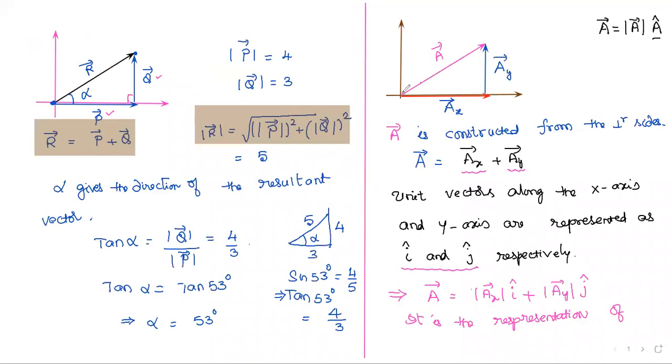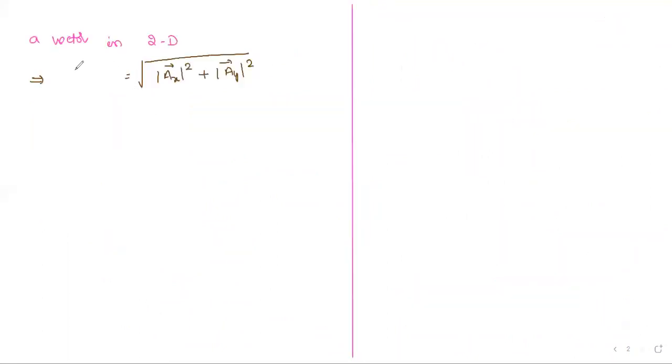That resultant I took here as the pink line A bar. So this is the magnitude of A bar. This step all of you followed? How to write the magnitude of a vector?